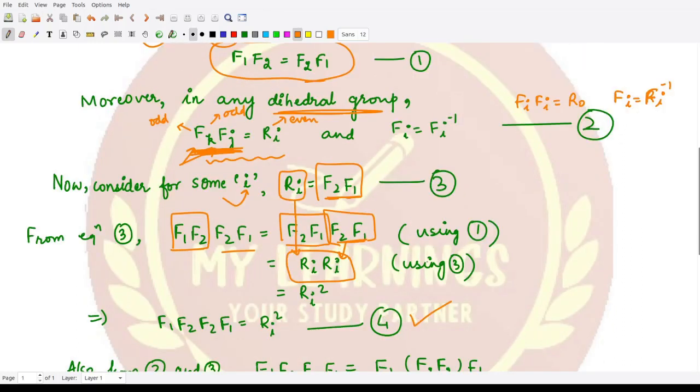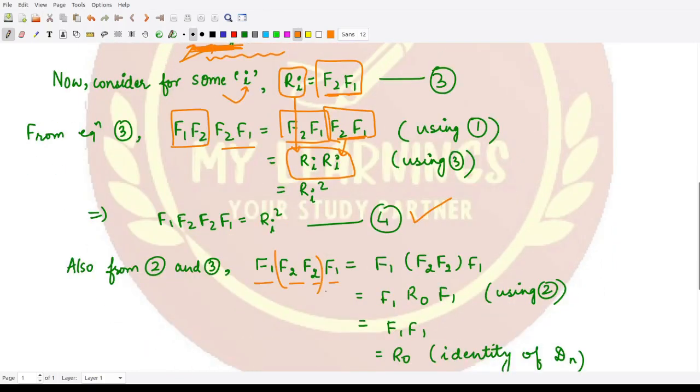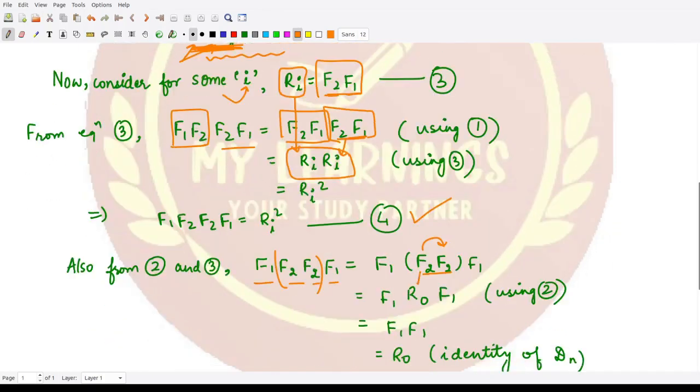Correct? And now using equation 2 and equation 3, we can again write this term F1 F2 F2 F1 using associativity first. Now what is reflection followed by reflection? As I have told you, it is a rotation, which is the identity rotation. Now when you compose any reflection with the identity element, it is again F1. What is F1 F1?